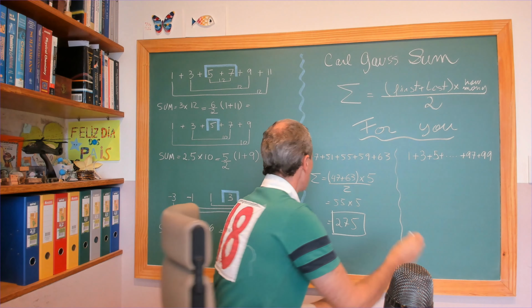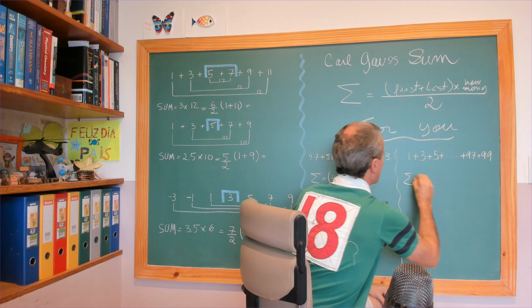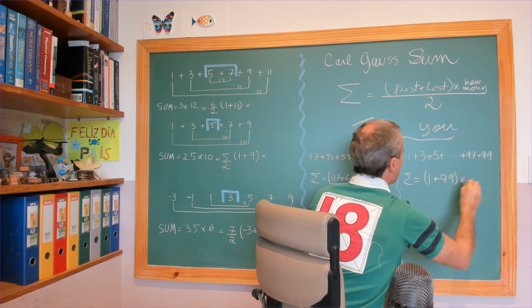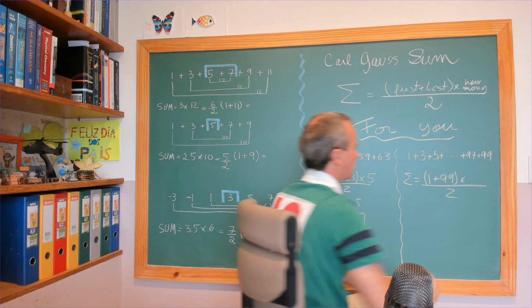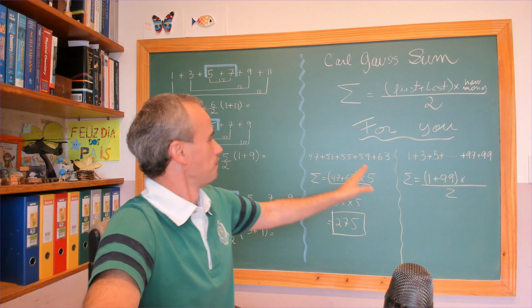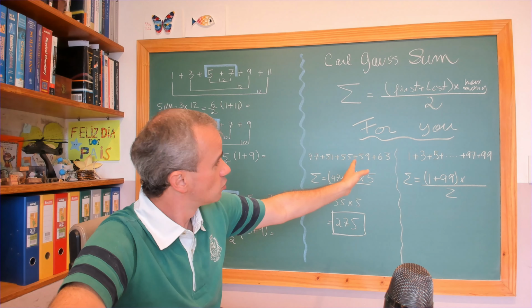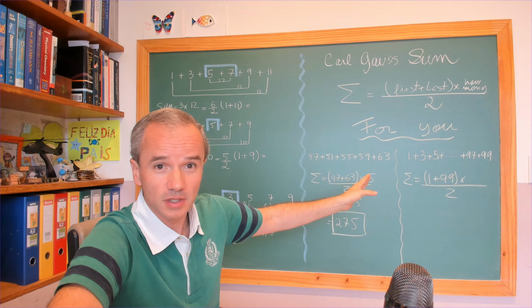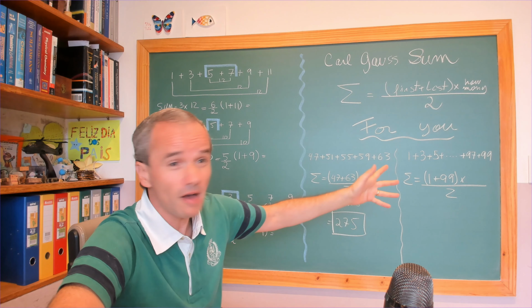Now, what about this one? Well, the sum is going to be first plus last times how many terms, divided by 2. How many terms? Easy. Look, from 1 to 100, there are 100 terms. But I'm only using the odd numbers, agree? So half.